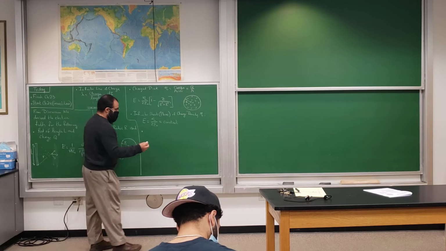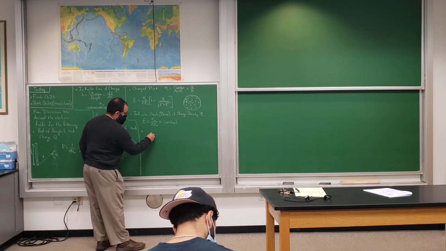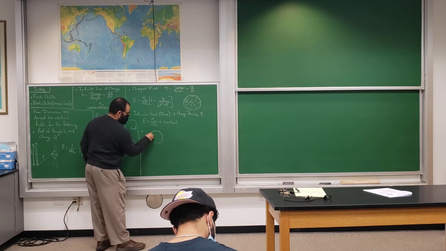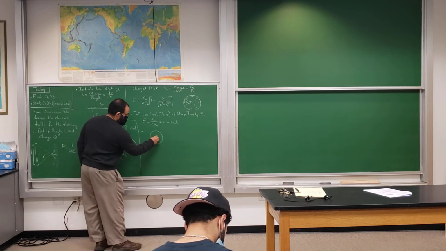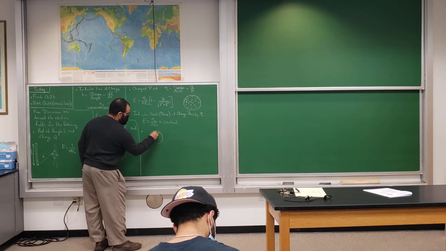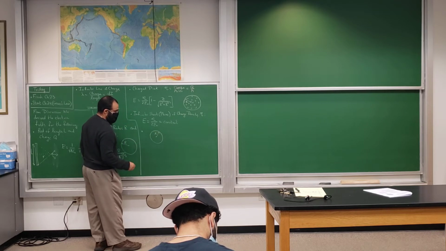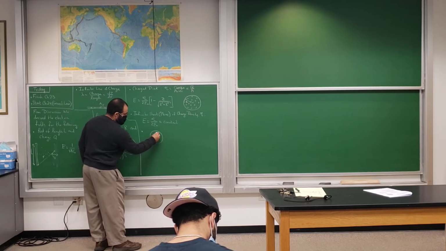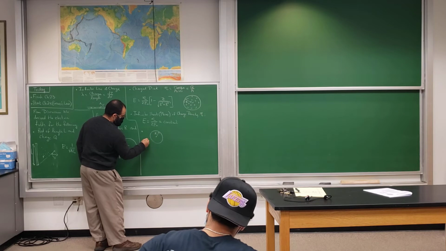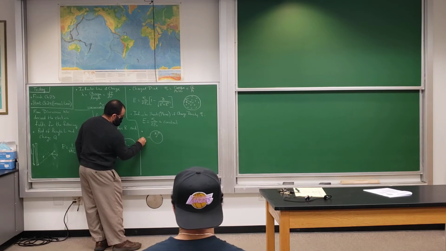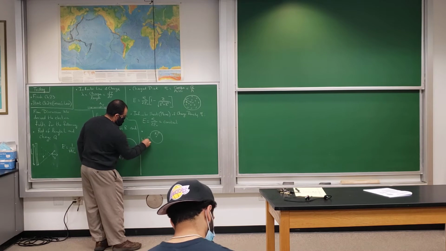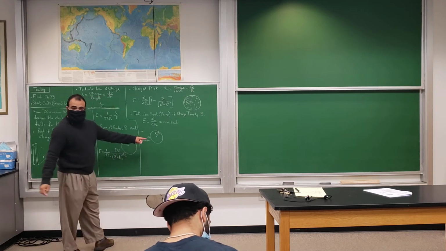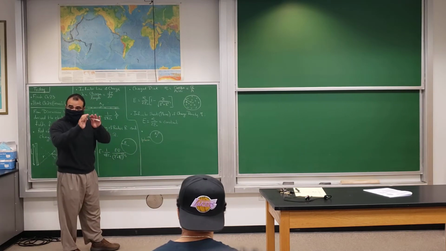So if you have, let's say, either a sphere of charge or a shell. So let's say I have a sphere here of radius R, right? And let's say there is charge. This is not a ring, this is not a disc, it's actually a ball. Okay?